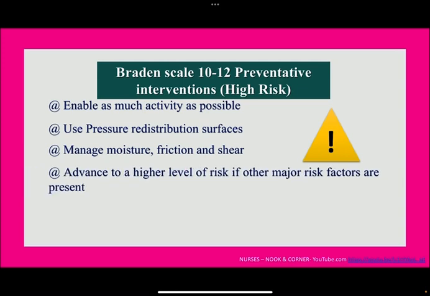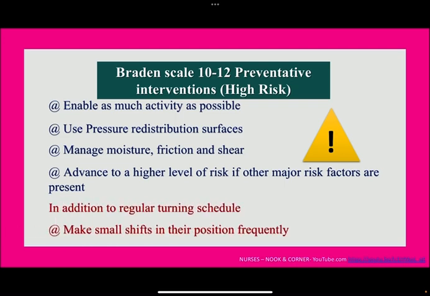Advance to a higher level of risk if other major risk factors are present. In addition to this, along with the regular turning schedule, make small shifts in their position frequently.